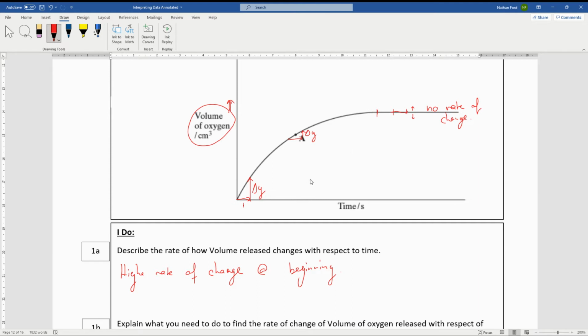Okay. That's it. Describe the rate of, so we're looking at the rate of change. We have lots of change, lots of height difference at the start, and it decreases until there is none.